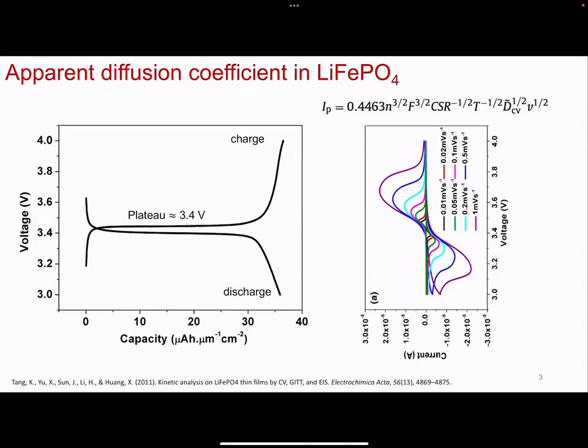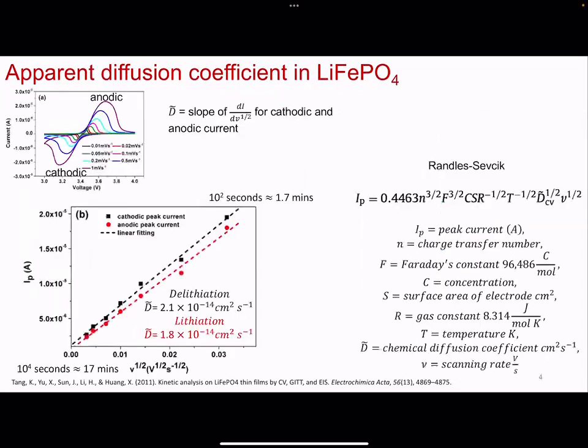Okay, so you can extract the diffusion coefficient from cyclic voltammetry. You can do that by using the Randles-Sevcik equation, where you plug in everything.